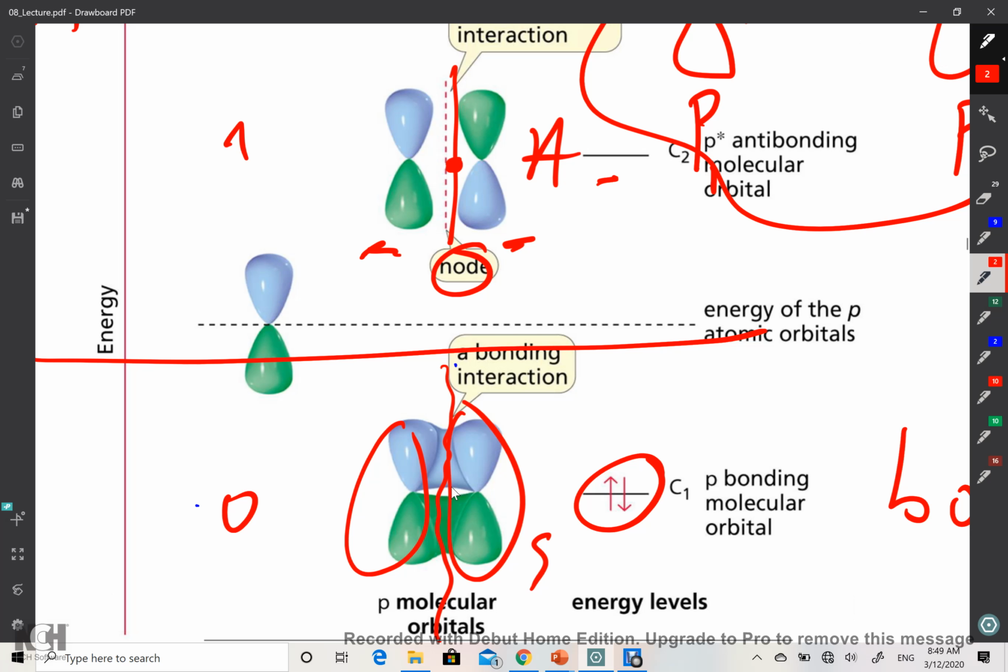Does that make sense, guys? That's the way I want you to see this molecular orbital diagram, and we'll see how useful that is. Let's just make sure we are good with this nomenclature. Are we good? We talked about the bonding and anti-bonding orbitals.